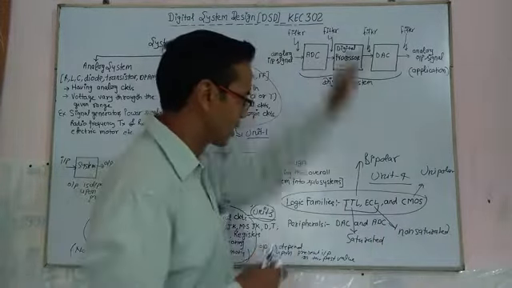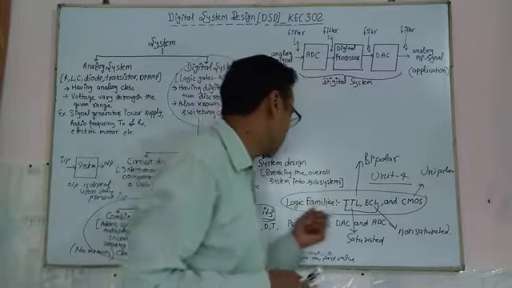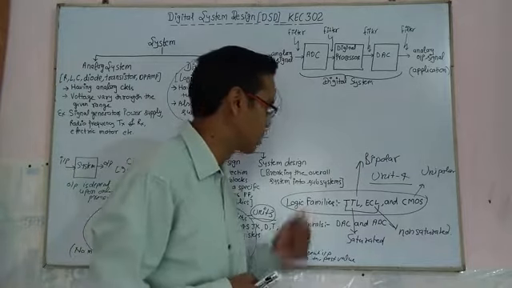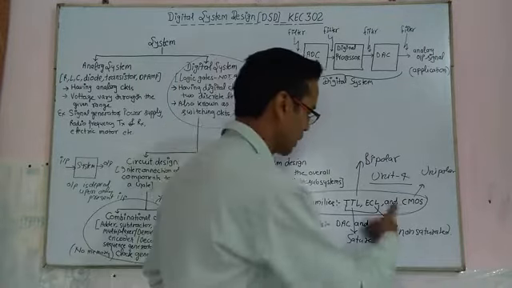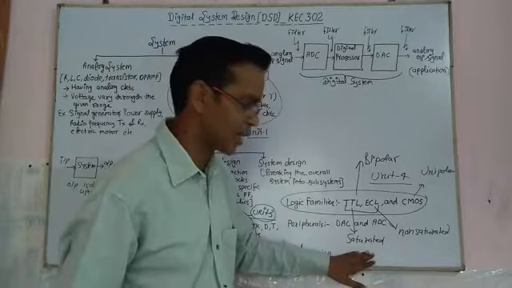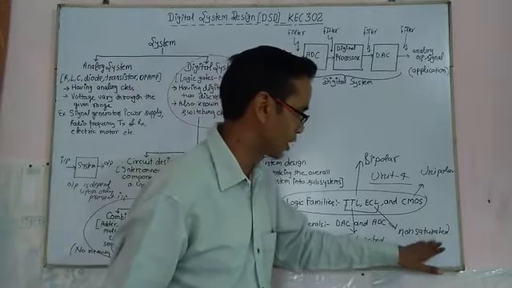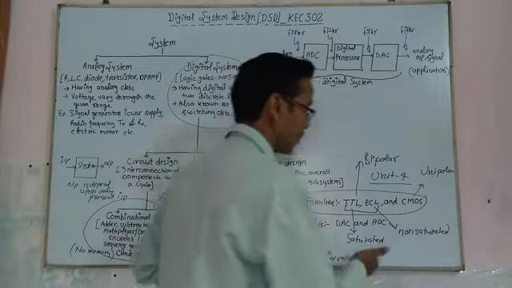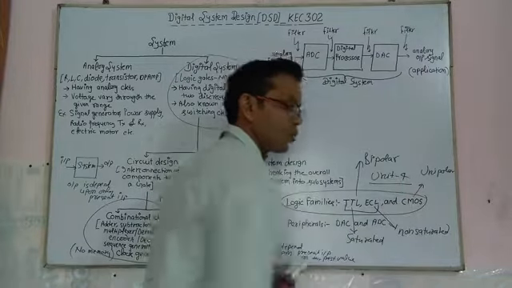We will discuss in detail under this unit. When we study this unit separately, we will go deep into what saturated and non-saturated mean and what parameters we use to design a logic family.